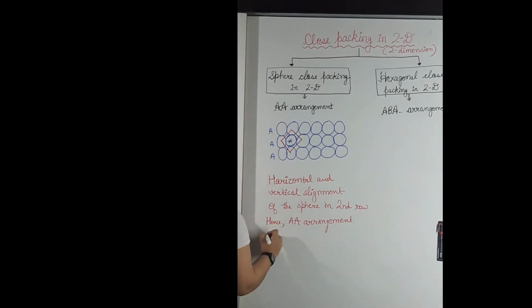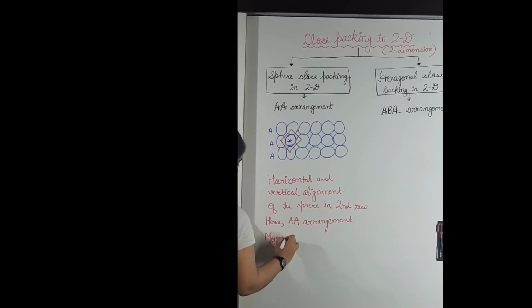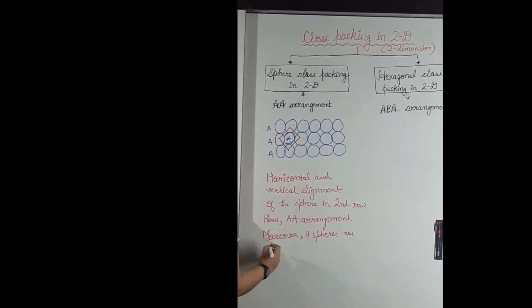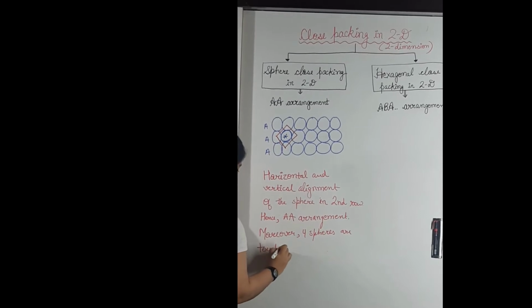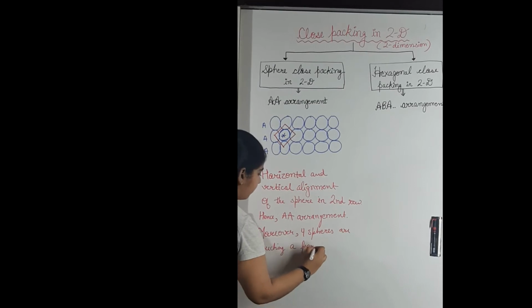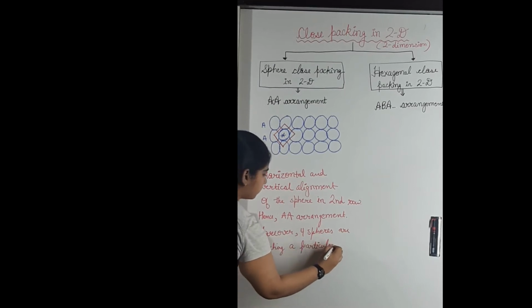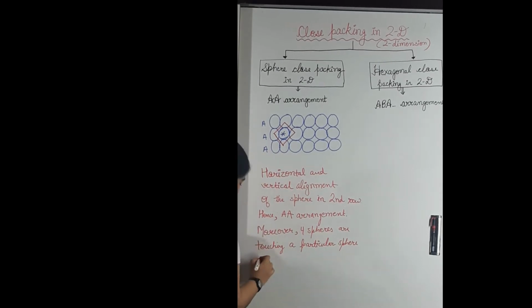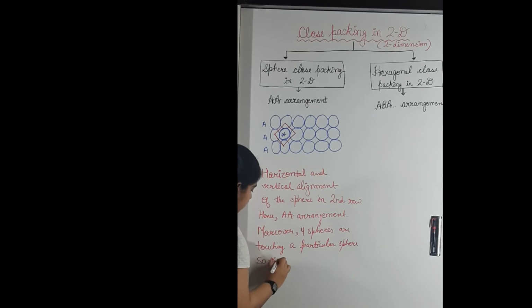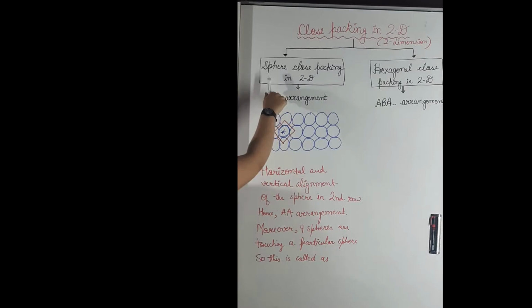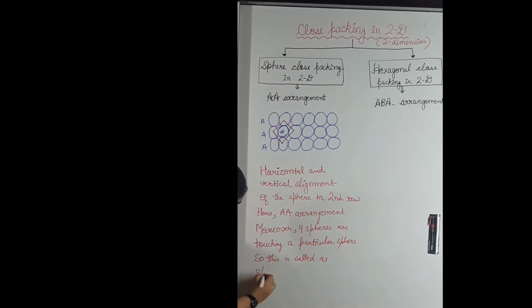Also, 4 spheres are touching a particular sphere. So, this is called square close packing in 2 dimensions.